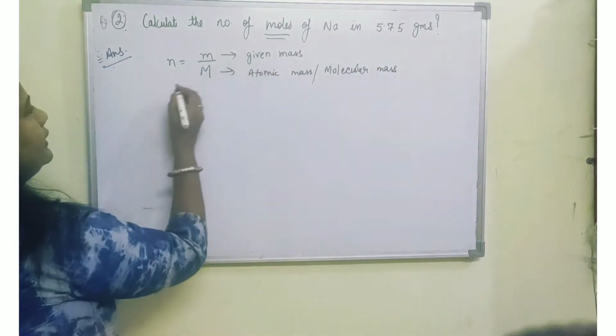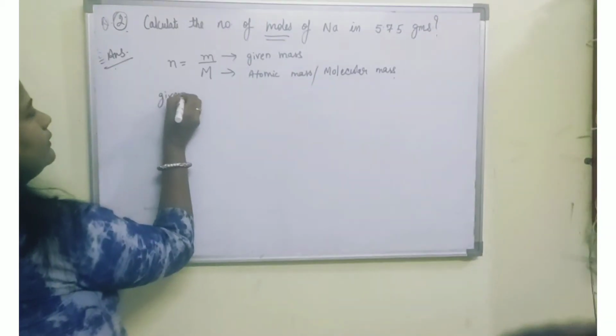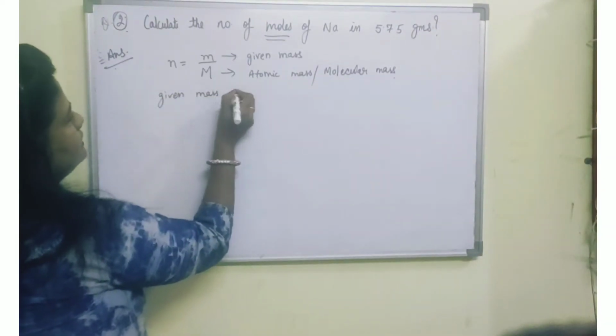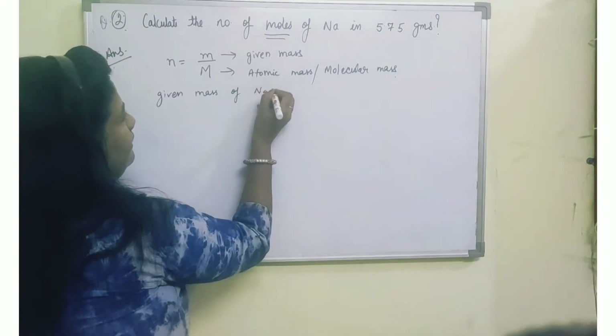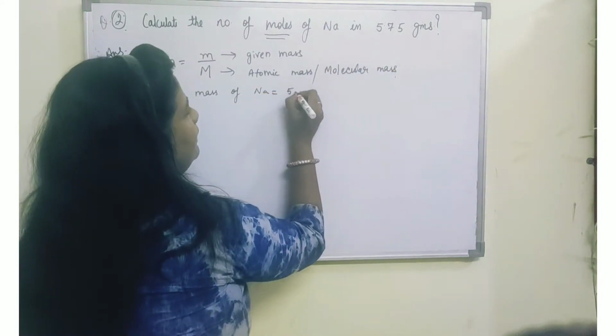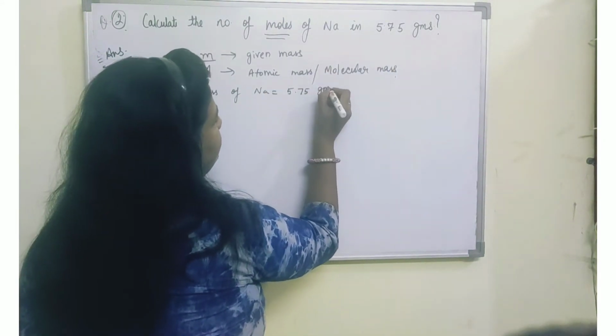And you know given mass of Na will be equal to 5.75 grams, right?